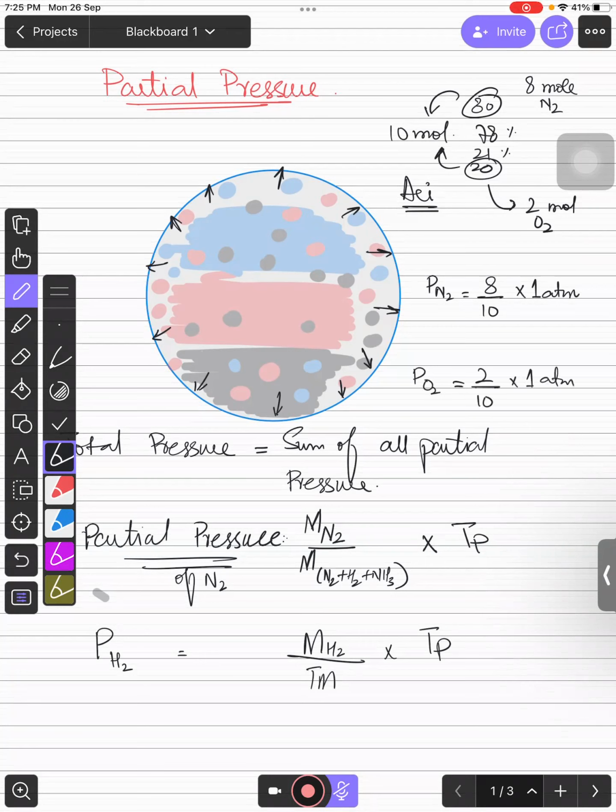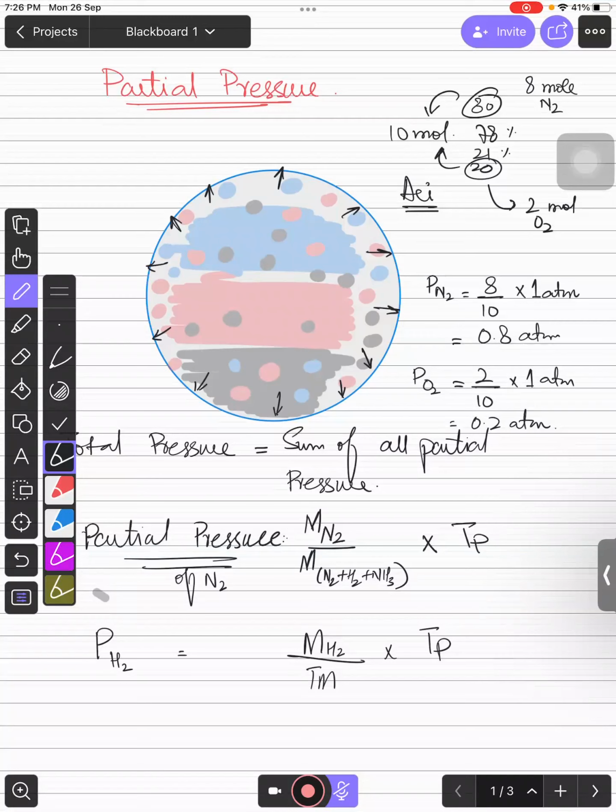So 0.8 atmosphere of the air pressure is from nitrogen, and 0.2 atmosphere is from oxygen. Out of 1 atmosphere in the environment, 0.8 is provided by nitrogen molecules and 0.2 by oxygen. This is what you are going to learn in Kp, which is partial pressure.